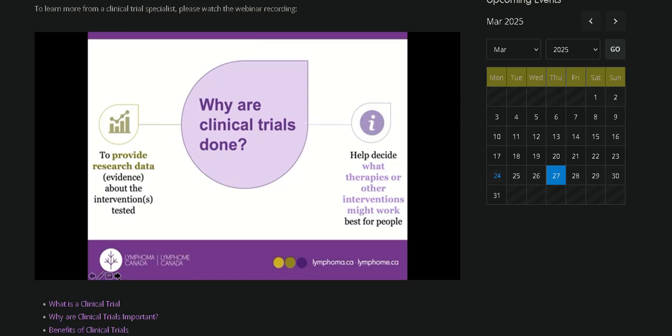Maybe it is policymakers or decision makers that take a look at the data and decide, for example, if it's a drug, if it's placed on a formulary, so it gets reimbursed and available to Canadians, or maybe it becomes part of treatment guidelines and clinicians use it. So there's really a number of different people that can use the data or the evidence that's generated by clinical trials to make a lot of different decisions related to that treatment or therapy.